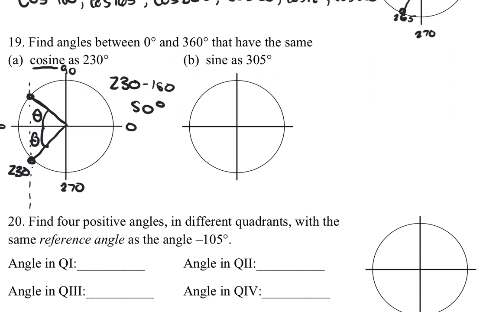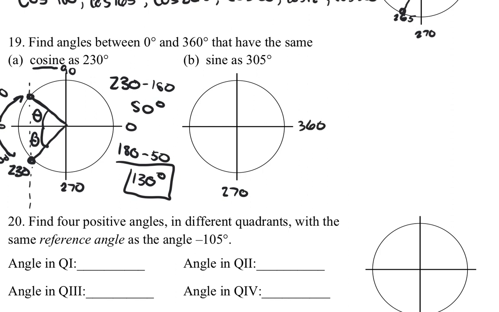Right, so 180 plus 50 degrees gets us 320. So now if I go this way 50 degrees, I'll get the angle we're looking for. And that's going to be 180 minus 50, which is 130 degrees.